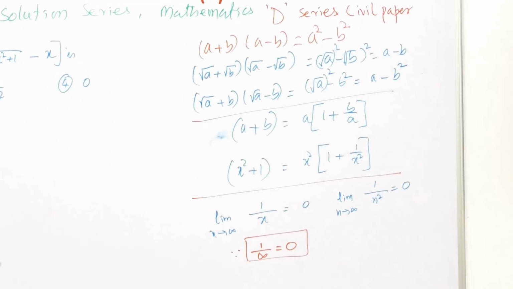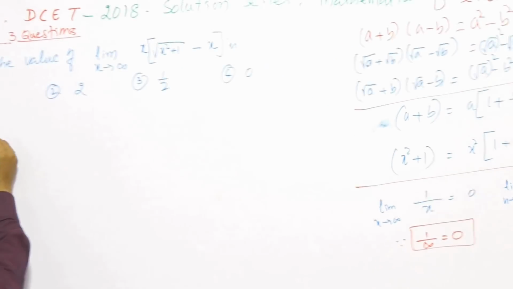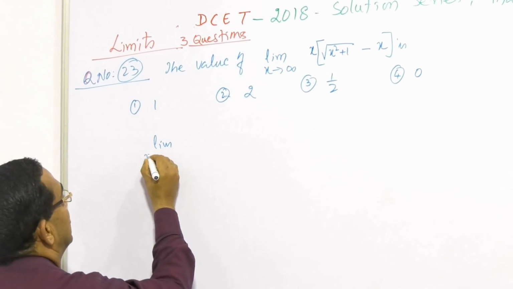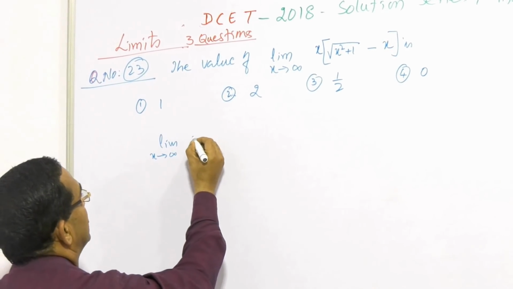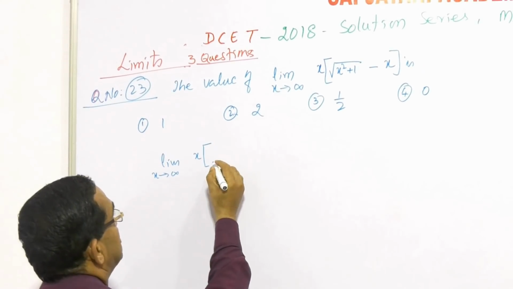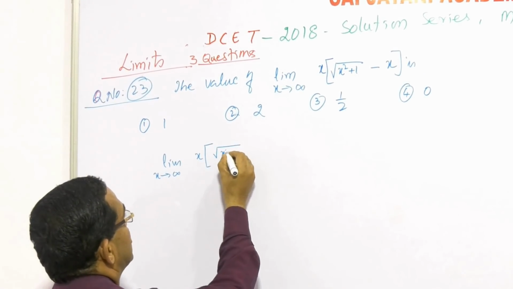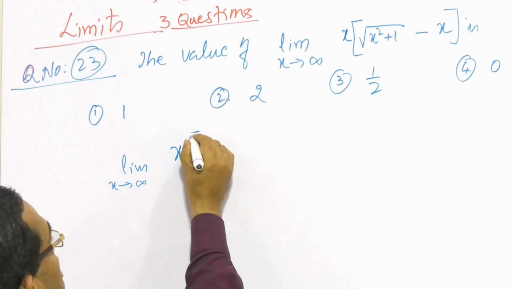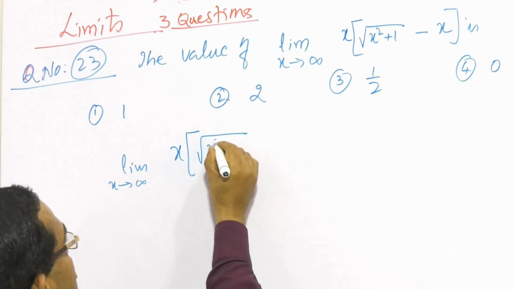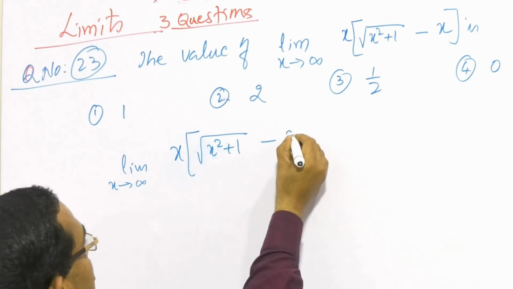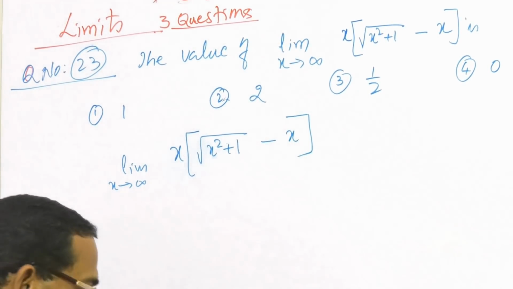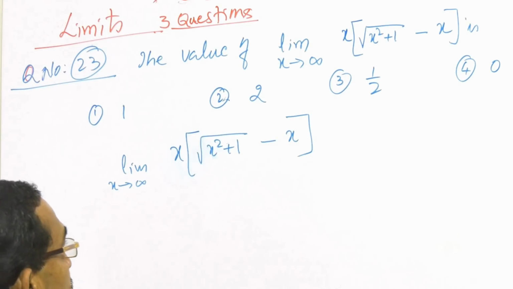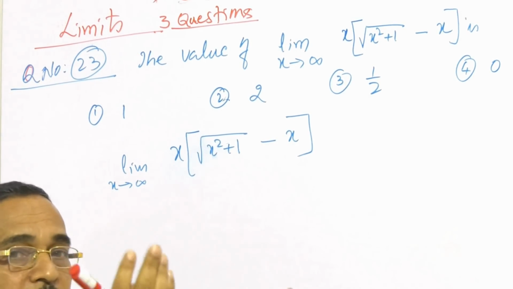What he has given, see this one, it requires work: limit x tends to infinity of x into root of x squared plus 1 minus x. For this problem, I rationalize.